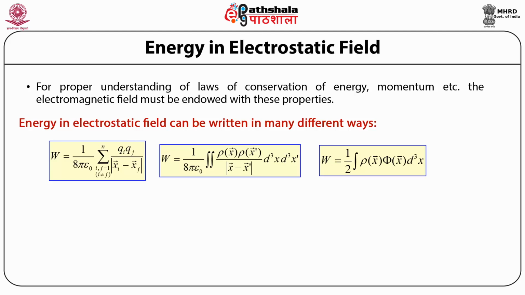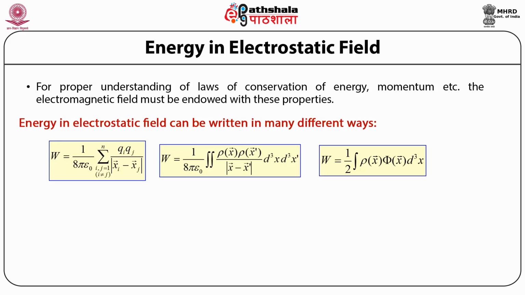If, instead of point charges, we have charge densities confined in a volume, then we can write the same work done or energy of the electrostatic field as 1 upon 8 pi epsilon naught times a double integral, with one integration over the volume of the charge density rho of x and the volume element d cube x, and the other over the charge density rho of x prime and the volume d cube x prime, over modulus of x minus x prime.